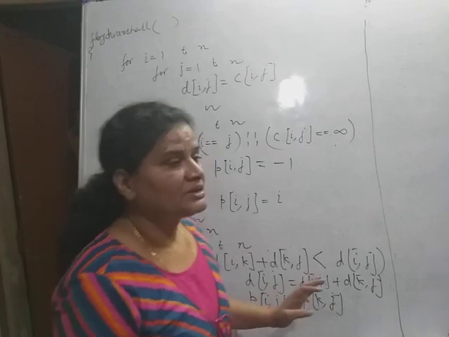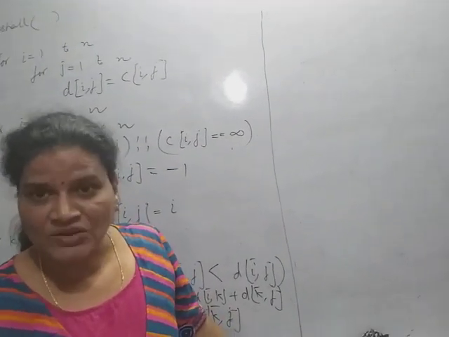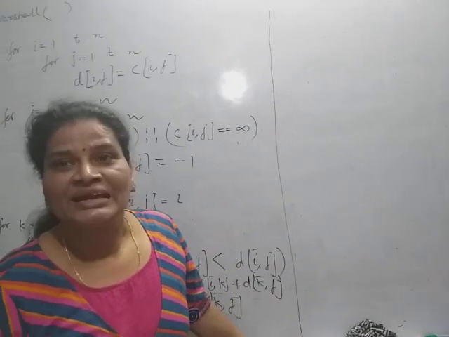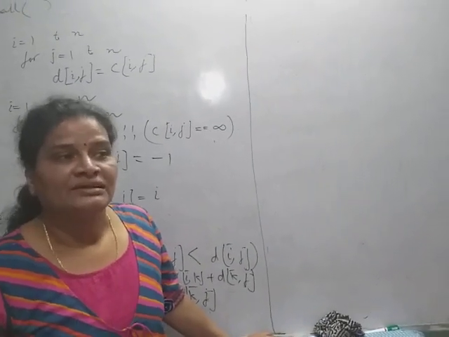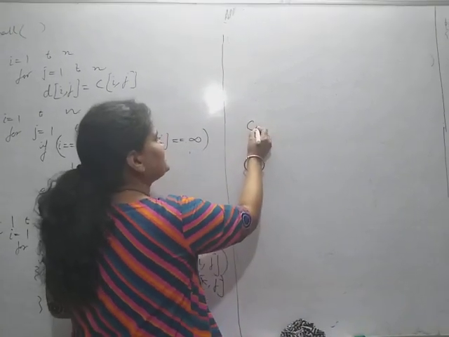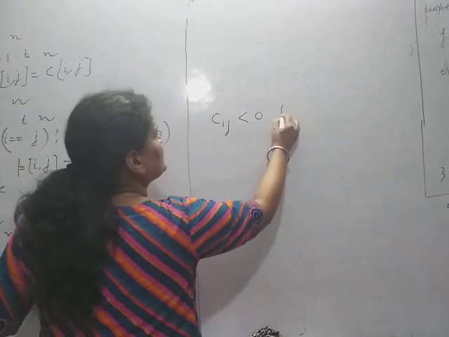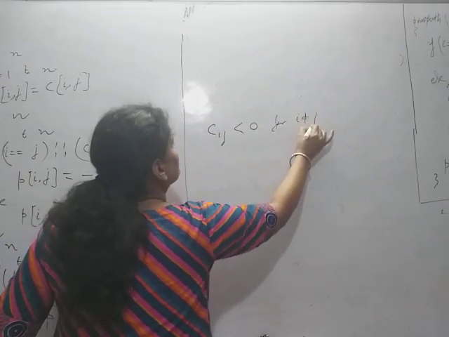Now, in the case of the Floyd-Warshall algorithm, it is possible that the cost of the edges may be negative, meaning Cij less than 0 for i not equal to j.